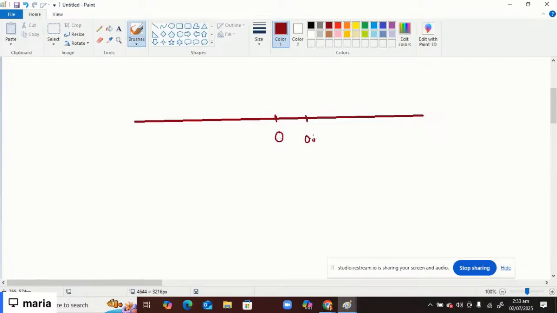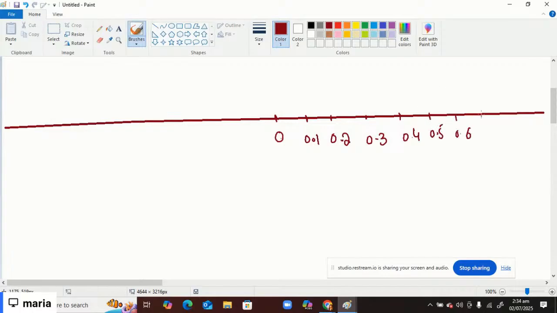For this side it's 0.1, 0.2, 0.3, that is the only difference. You are putting the points 0.4, then 0.5, 0.6, 0.7, 0.8, 0.9, and in the end it's 1.